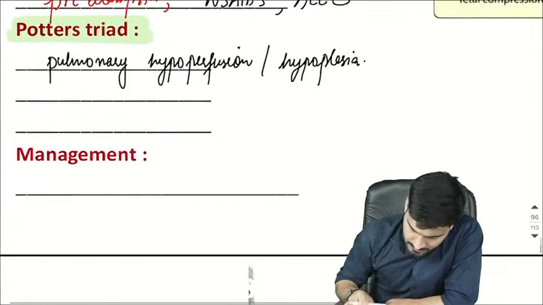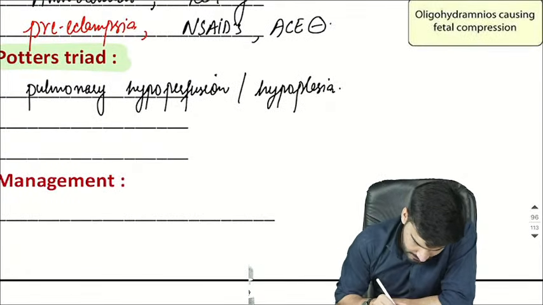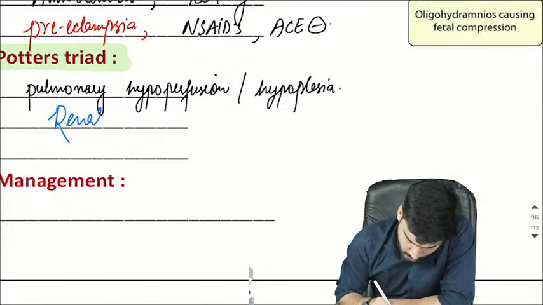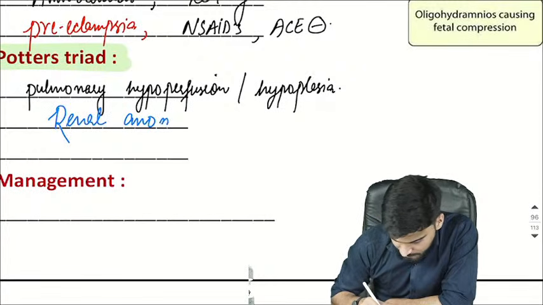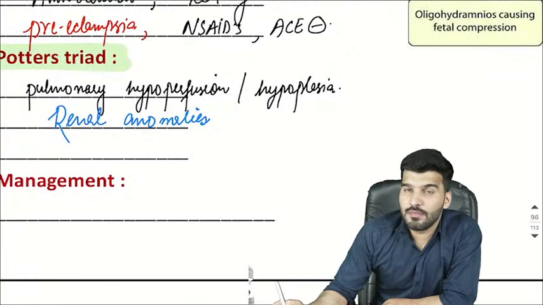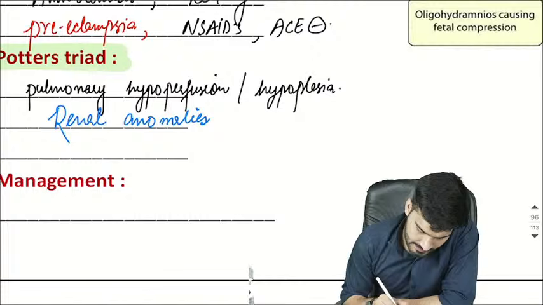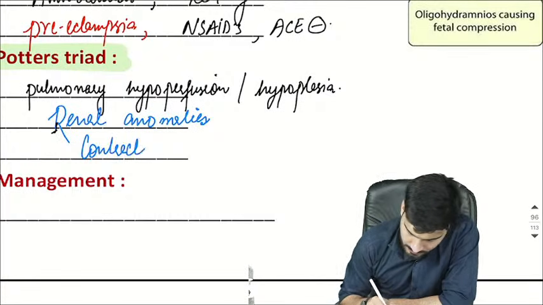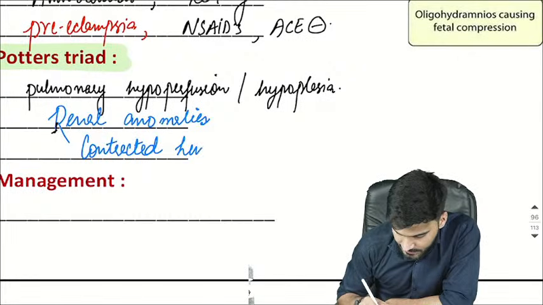Then next one is renal anomalies. Due to the renal anomalies or the kidney problems, GFR is decreased, urine is less. And due to the less amniotic fluid, we will see the baby is having contracted limbs.